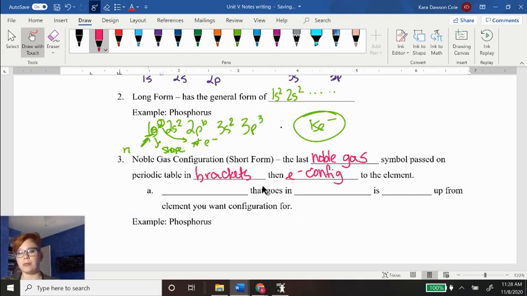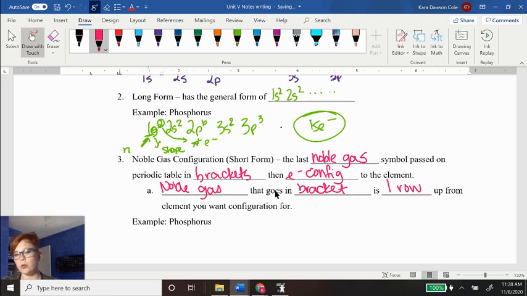So whatever electron configuration is left over after you pass that noble gas is what you would write. The noble gas in brackets is taking care of the electron configuration of the noble gas. To figure out which noble gas goes into the brackets, go one row up from the element you want the configuration for.